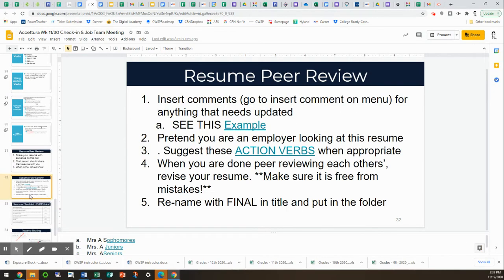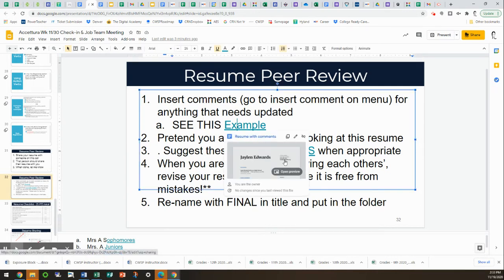Then you're going to tell the students to insert comments. There is a resume example right here with comments in it, and I would suggest showing this as an example simply because it shows there are tiny spelling errors that need to be changed. But all of those errors really matter.